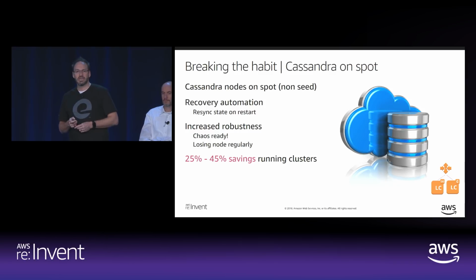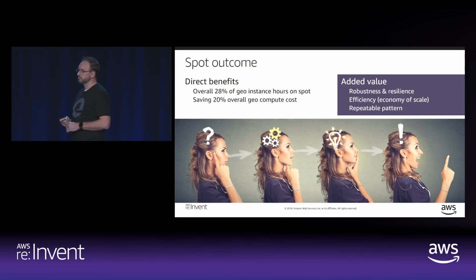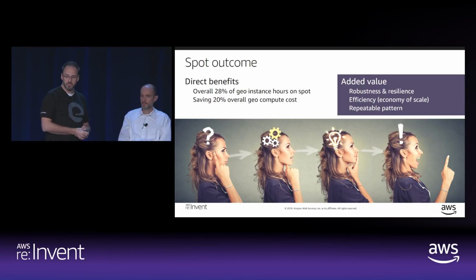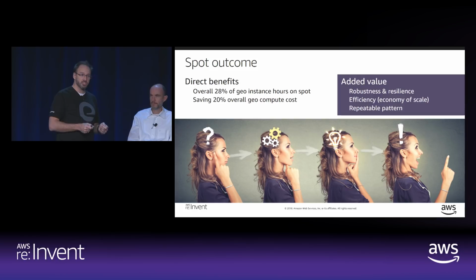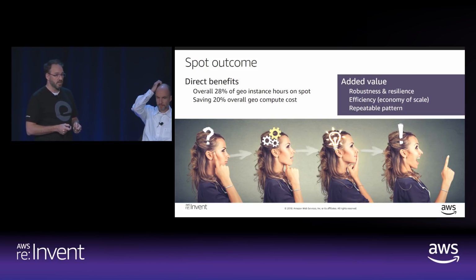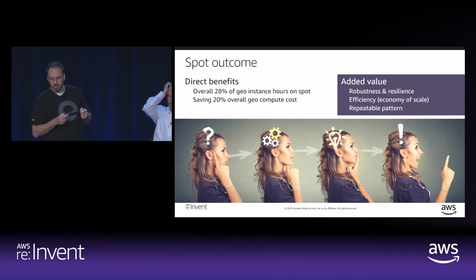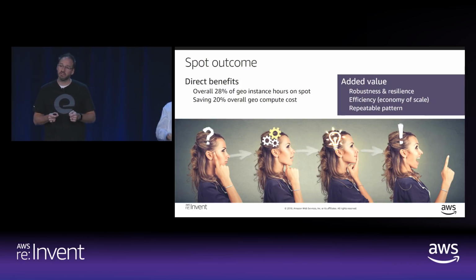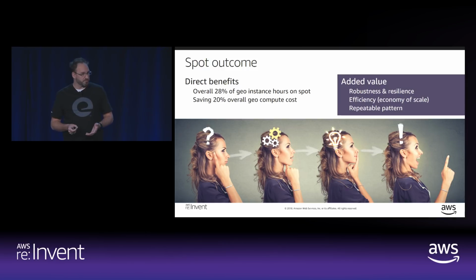So what did we get at the end of all the work that we've done? Obviously, by running over a quarter of all our instance hours on Spot, now come the savings with it. And that allows us to reinvest all that money in other projects. But the biggest reward we got is that all the hard work that we have done to safely use Spot made us stronger.